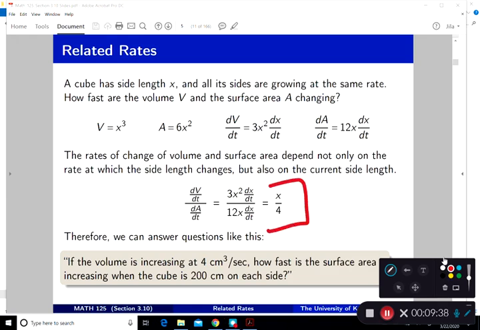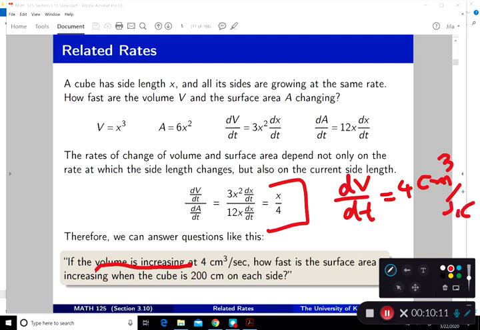Now that I have V prime over A prime is equal to x over 4, I can answer this question: if the volume is increasing at 4 cubic centimeters per second, how fast is the surface area increasing when the cube is 200 centimeters on each side? This is giving me the rate of change in volume, dV/dt is 4 cubic centimeters per second. It's also giving me 200, which is the x.